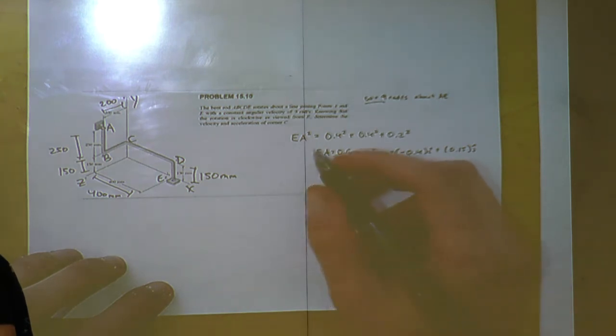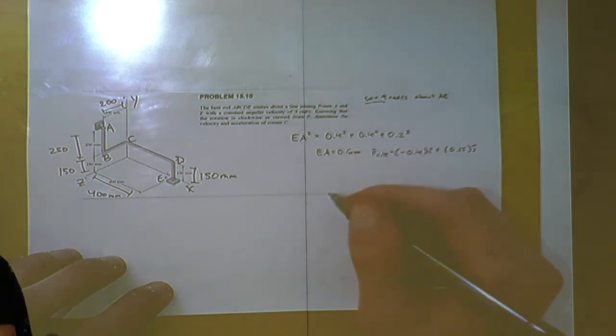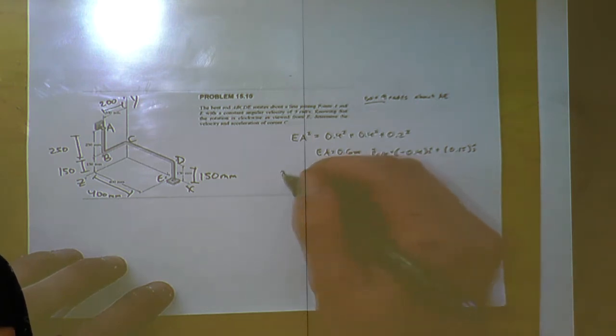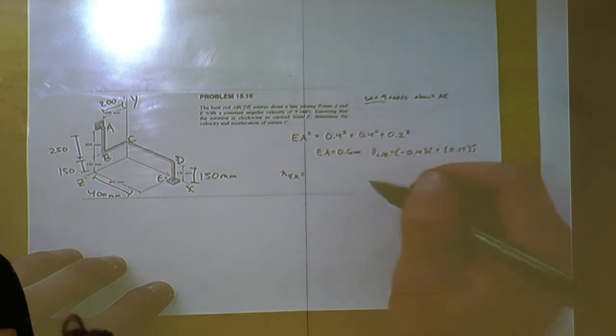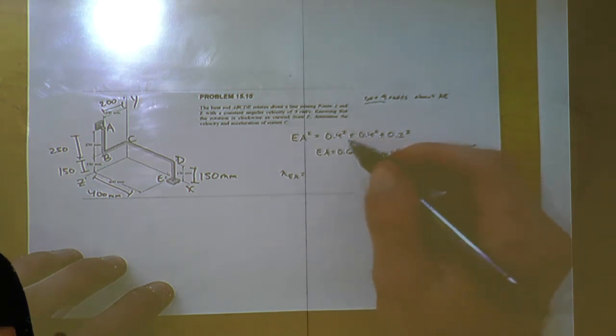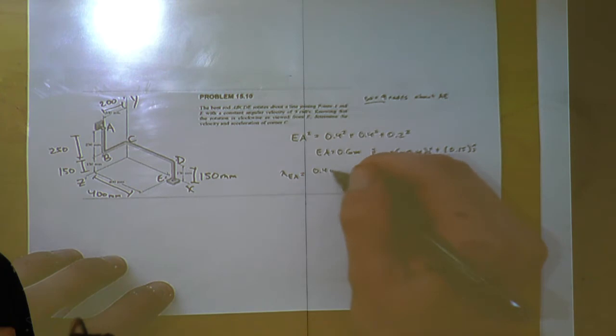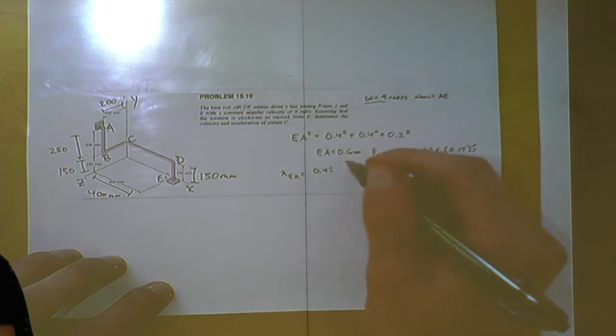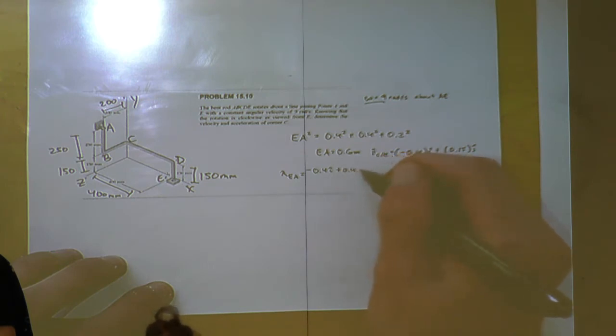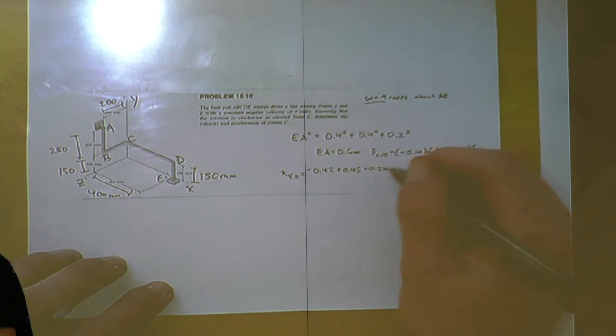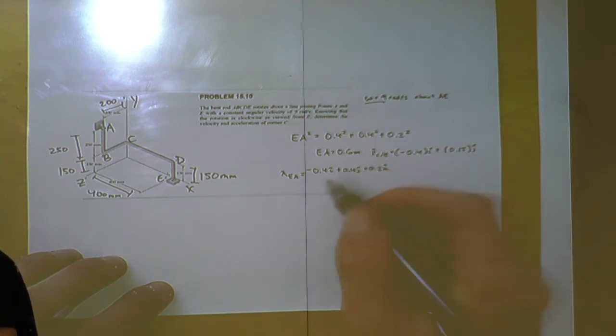And then so the unit vector of EA is going to be negative 0.4 I, plus 0.4 J, plus 0.2 K, all divided by the magnitude, which is 0.6.